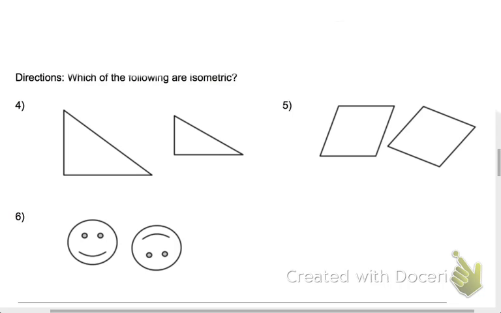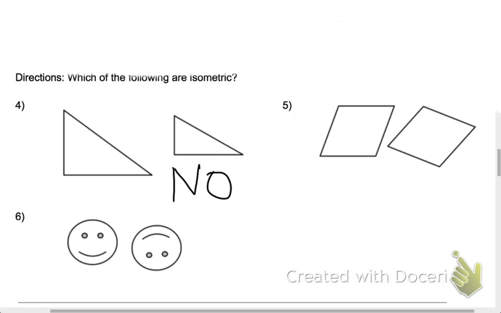Alright, to remind you guys what isometric means, that means that the two shapes are the same size, same shape. So they might be in a different position, but it's still same size, same shape. So if we look at number 4, are those two triangles the same size and same shape? No, they are not. So is that one isometric? No, it's not.